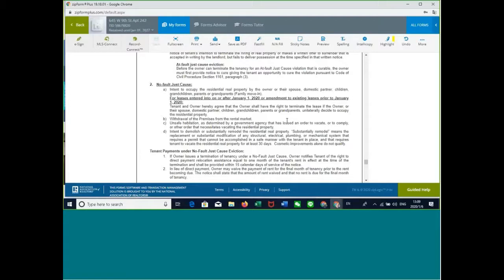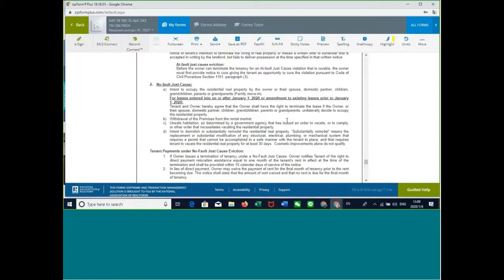If you decide that you want to completely withdraw from the rental market, they allow you to do it. But it cannot be fake. It has to be real. Okay, so they allow you to withdraw from the rental market. In that case, you can end the lease with the tenant.